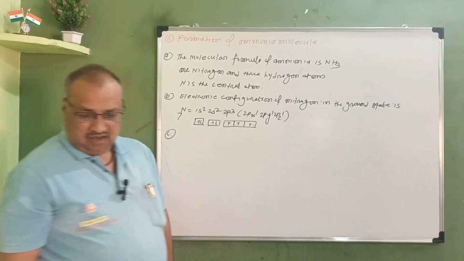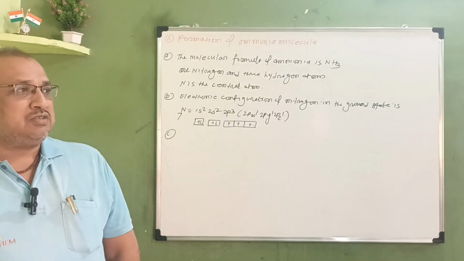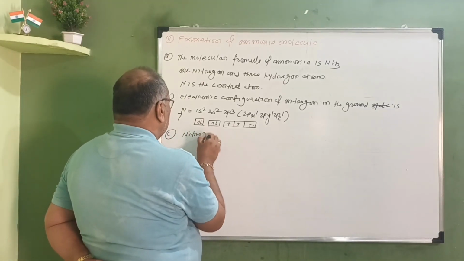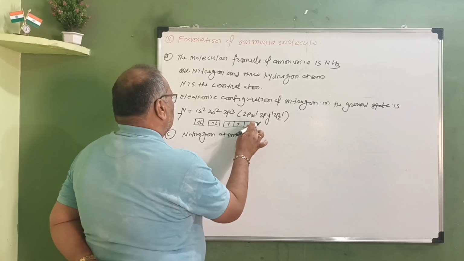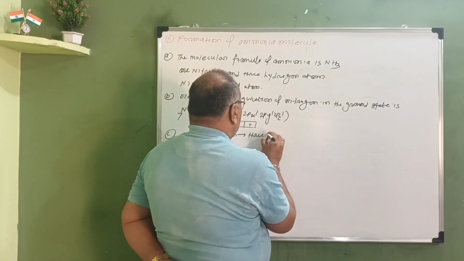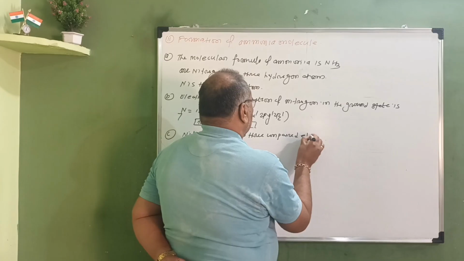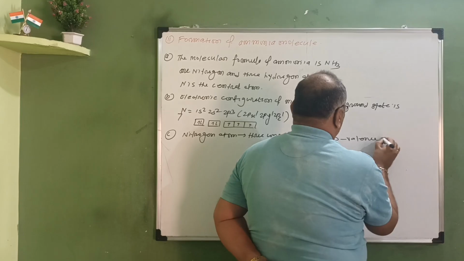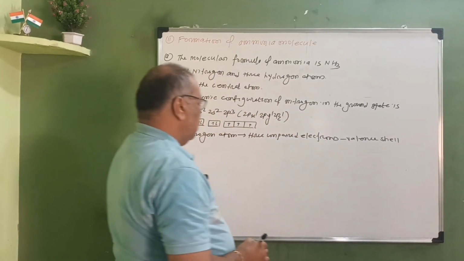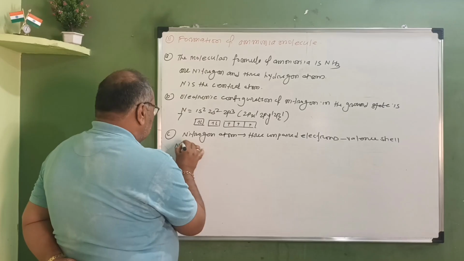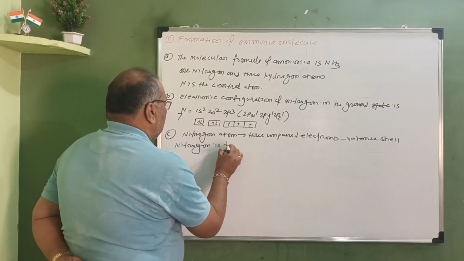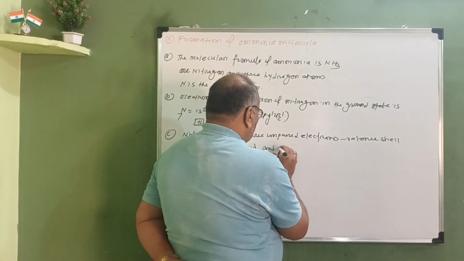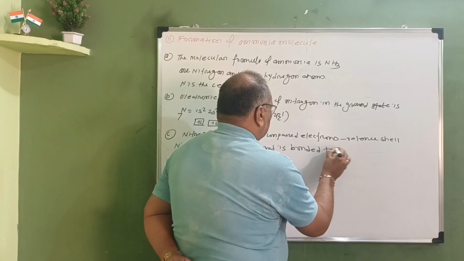Now third, here nitrogen atom contains three unpaired electrons in the valence shell, and here nitrogen is trivalent and is bonded to three hydrogen atoms.